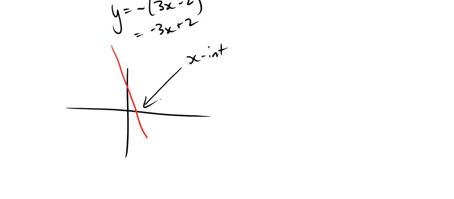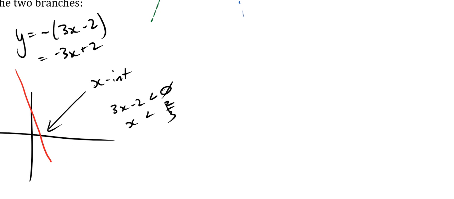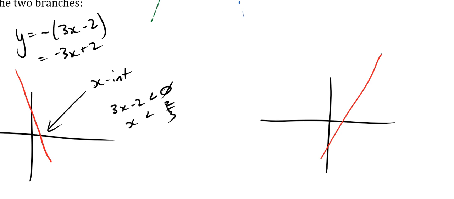Our actual absolute value function uses that graph when 3x minus 2 is less than 0, which is when x is less than 2 over 3, right? That was our x-intercept. The other part is this graph that looks something like that.